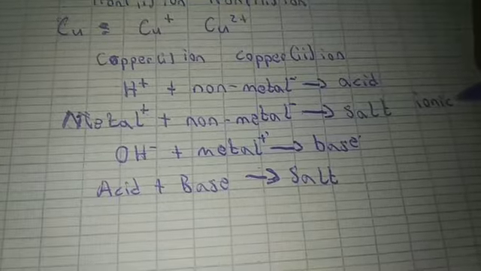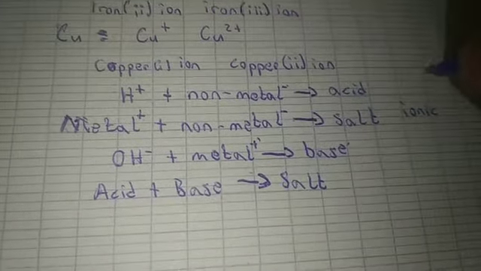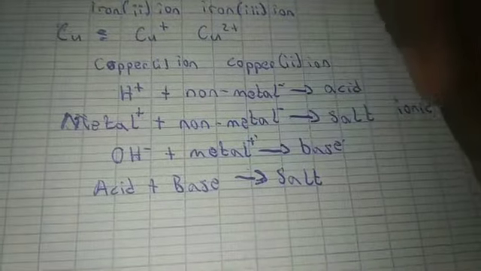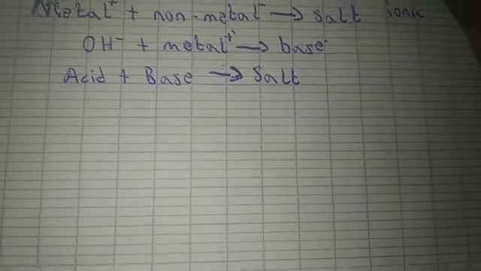An ionic bond is basically a bond formed between a metal and a non-metal, or a cation and an anion. English is so hard. Chemistrian, I'm talking chemistrian, yeah.